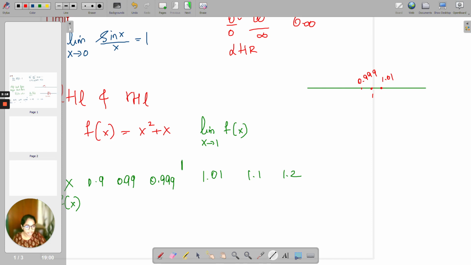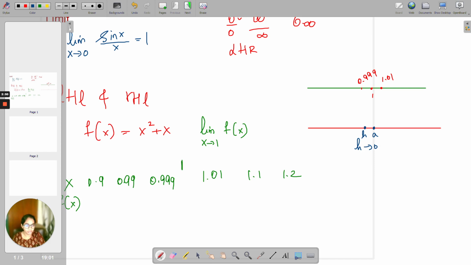Let me take another number line. In our standard definition for limits, we wrote limit x tending to a. So let me take the limit point as a. Let me take the nearest value on the LHL as h. h is a very small value. It is not exactly 0, but h is tending to 0.